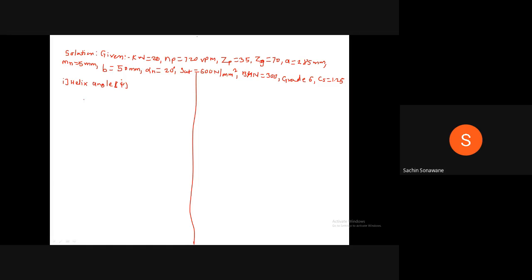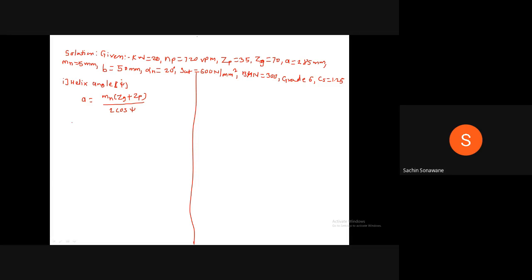What is the formula for center distance? A is equal to Mn into bracket Zg plus Zp upon 2 cos psi.